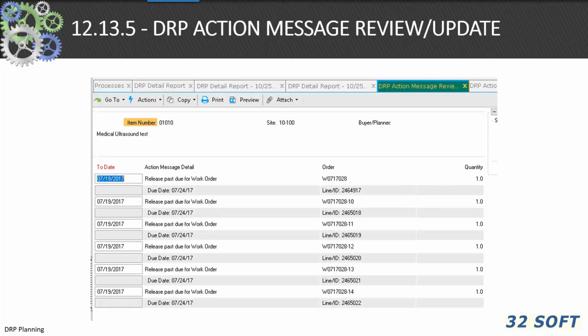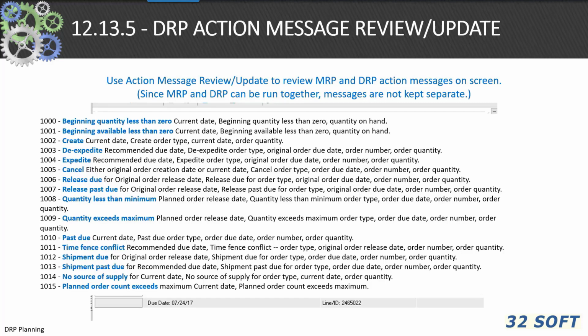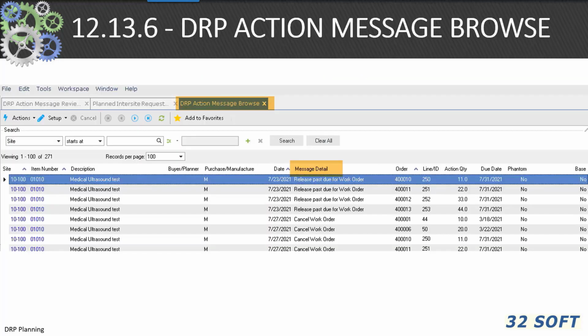After DRP explosion, normally the DRP planner will analyze the action messages for review and update. You've got a number of options for exception messages, basically begin, create, expedite, de-expedite, cancel, release, time fence, etc. So every day you should be running 12.13.6 DRP action message browse.